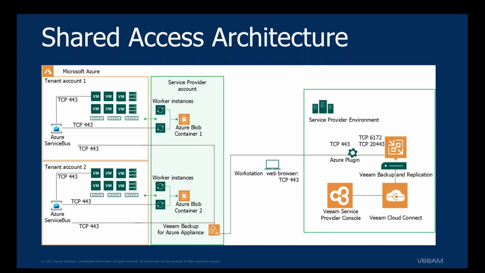And if you're not familiar with the Veeam Service Provider Console, this is something that a service provider can use in order to manage customer backup jobs and whatnot. It's fully API driven, so everything you see in that console can also be steered via REST API.